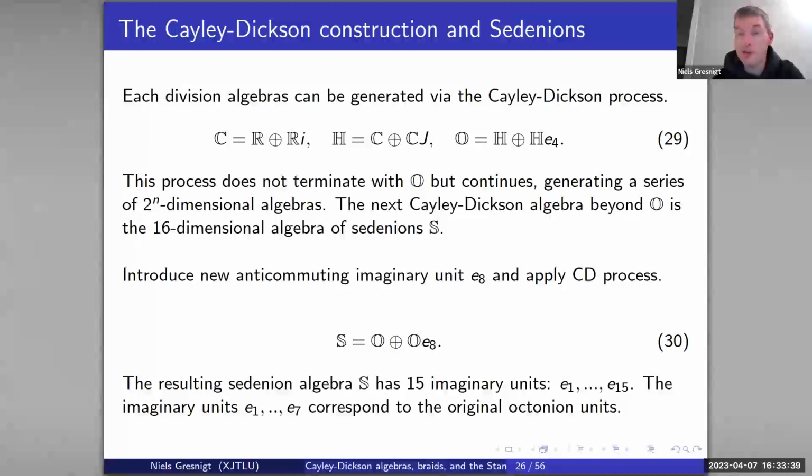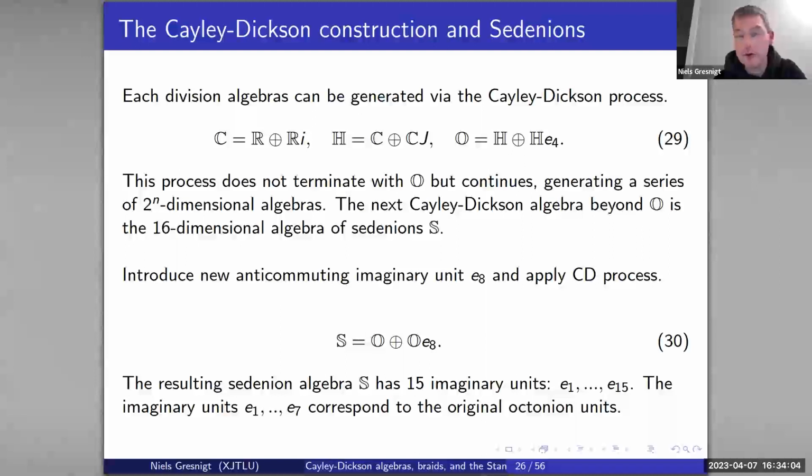Now this process doesn't stop with the octonions, but actually continues indefinitely, generating a series of 2 to the power n dimensional algebras. Now, of course, these would not be division algebras, because the largest division algebra is the octonions. So if we take the octonions and apply the Cayley-Dickson process, you end up with a 16-dimensional algebra, which is called the Sedenians.